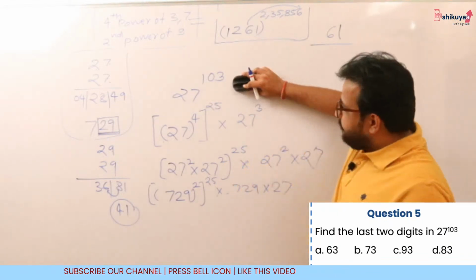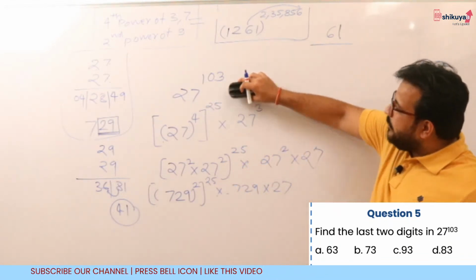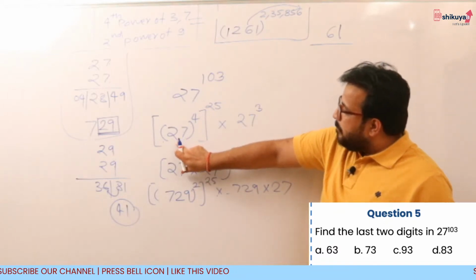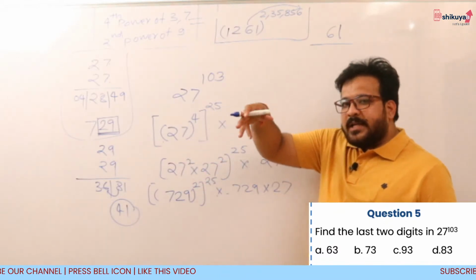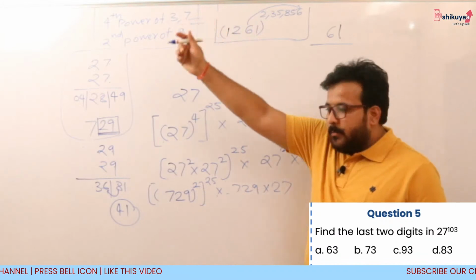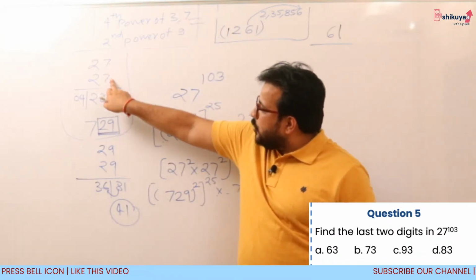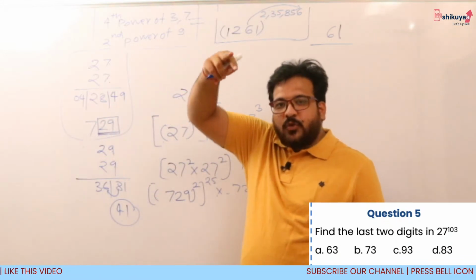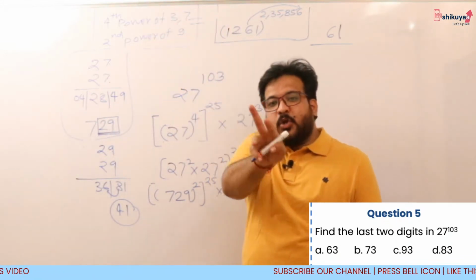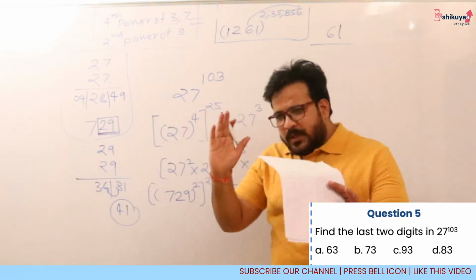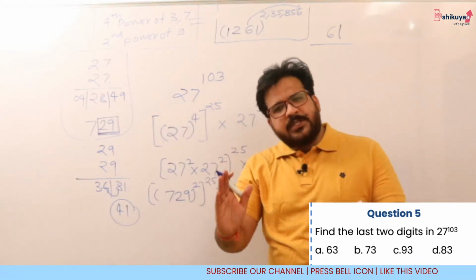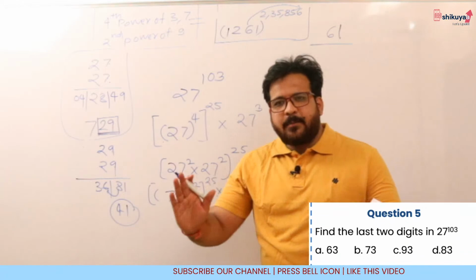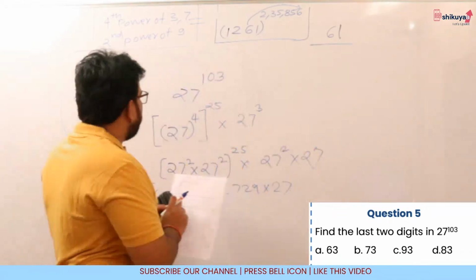Look at the number. First of all, what I have done is I have brought this 27 to the power of 4, because I explained 27 raised to 2 is 729. So 27 raised to 4 will be 729 into 729. So now let us only focus on the last two digits, because this entire chapter is based on the last two digits of a number.